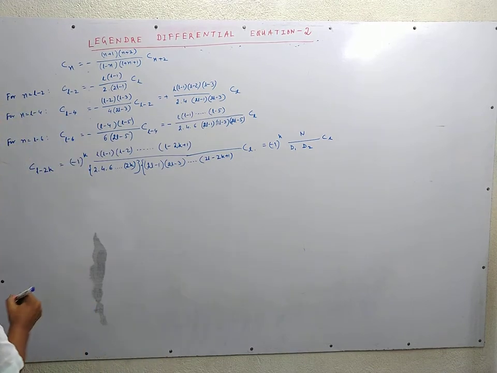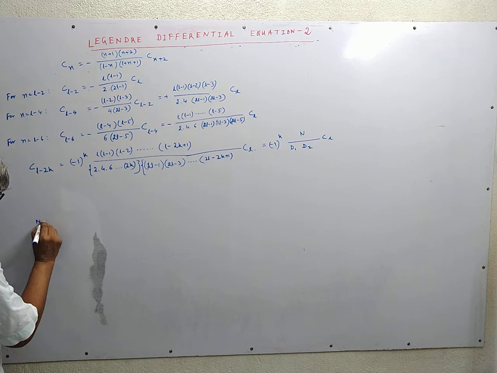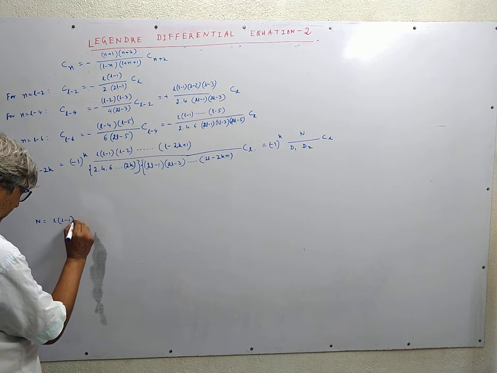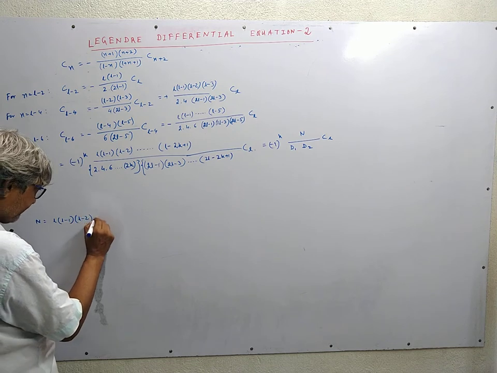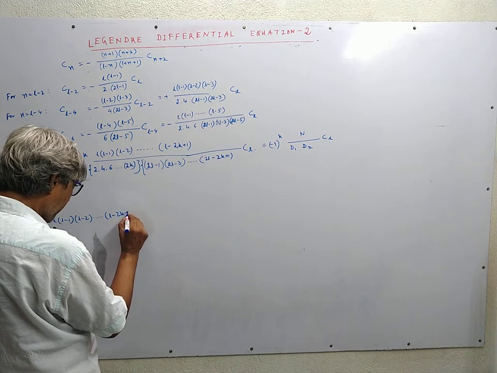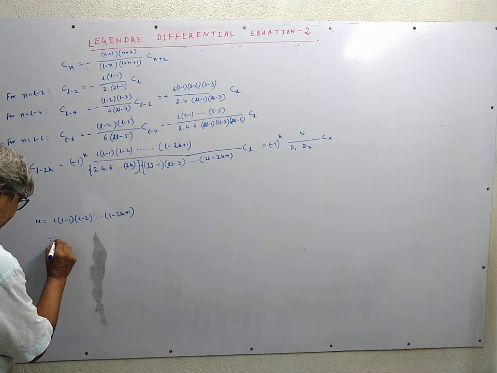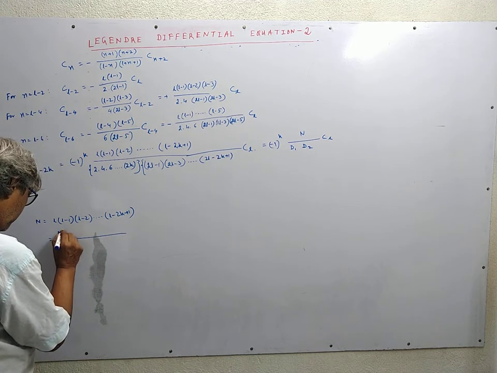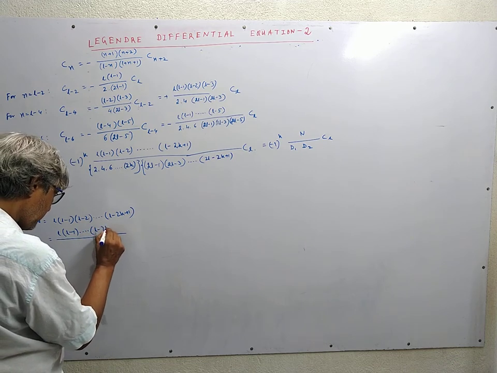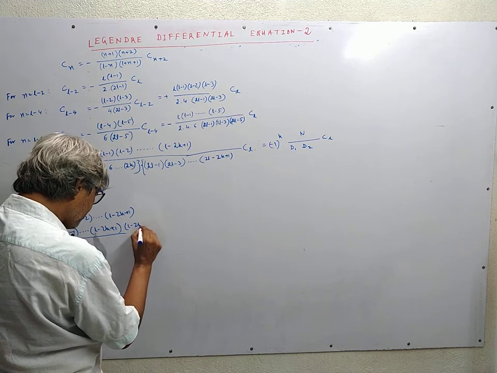Now let me first simplify. N is the numerator, so it is L into L minus 1, L minus 2, up to L minus 2k plus 1. This term is written like this. Then the next term is L minus 2k.